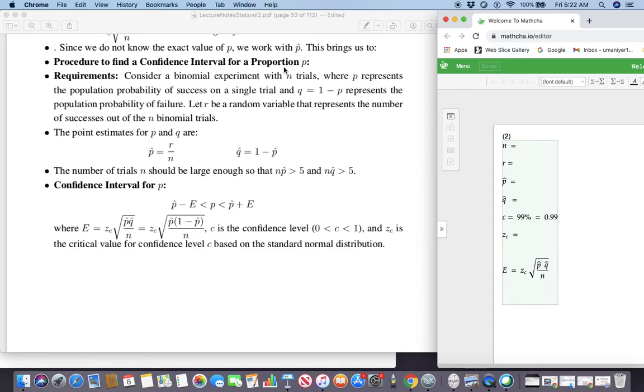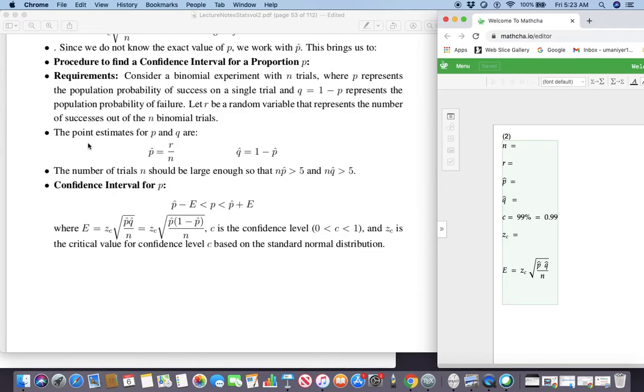Procedure to find a confidence interval for P. Q is the probability of failure. P represents the probability of success on a single trial. Let R be a random variable that represents the number of successes out of n binomial trials. So R is something we need.